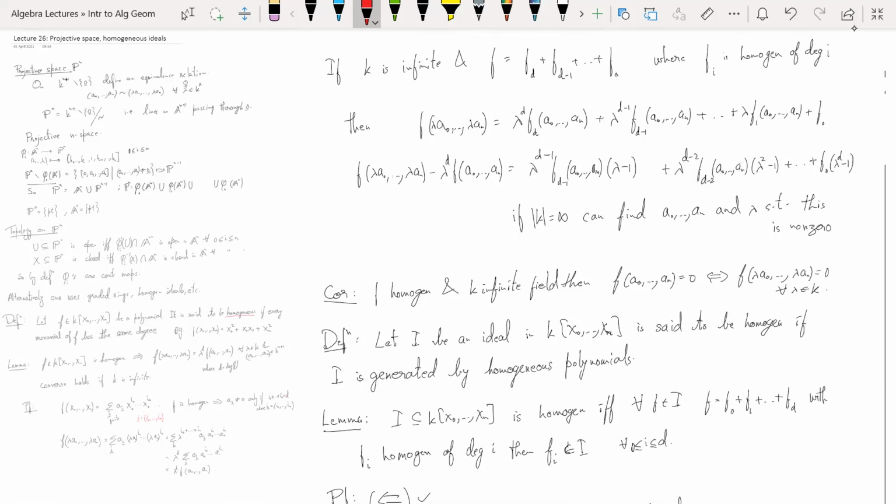So that means all of f_(d-1), f_(d-2), etc., must be the zero polynomial. If any one of them is non-zero, then the right hand side is a non-zero polynomial in a_0, ..., a_n and λ, and any such non-zero polynomial takes a non-zero value for some vector and some λ. Okay, so that completes the proof of this straightforward lemma.